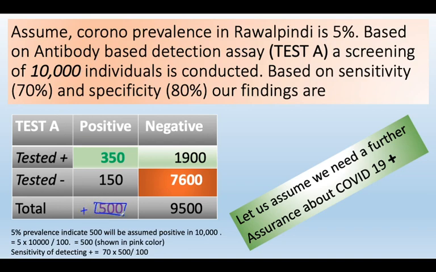This 500 is derived from 5% times 10,000 divided by 100.